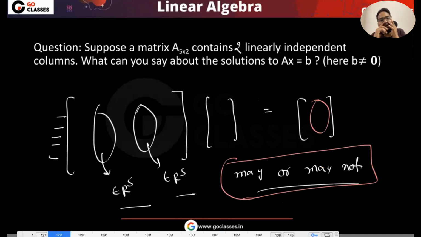See, it is very simple. Don't worry about any doubt, it will get clear. You will just say that if you can fill the space, then always solution. If you cannot fill the space, then it depends on B. Whatever B you have, you will take a call depending on that.